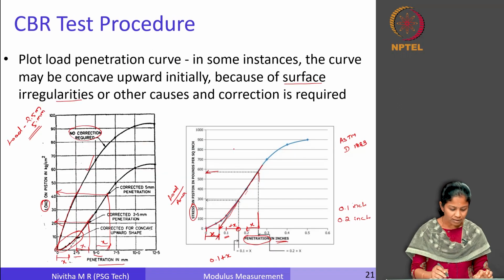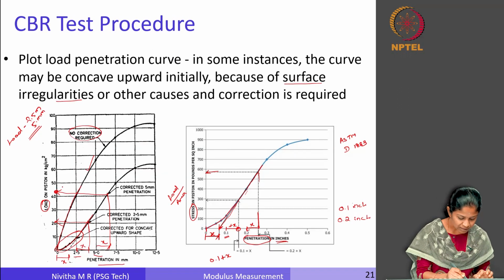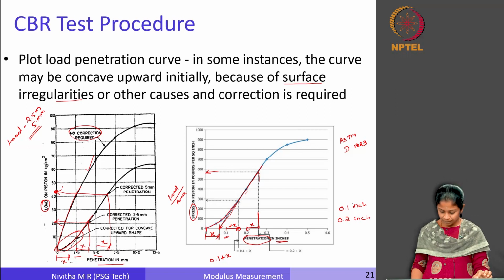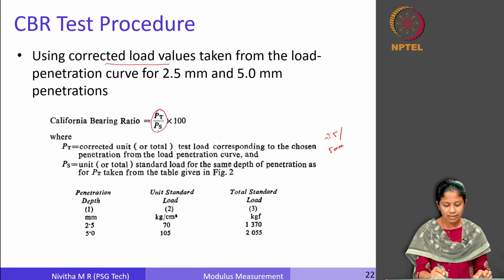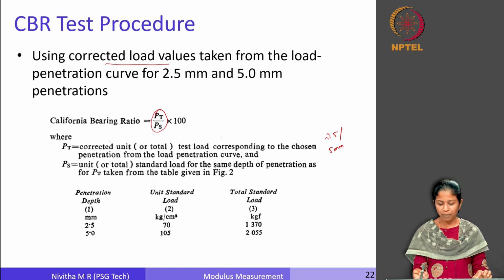Let us say this is my load penetration curve, this is the value that I will be taking. And PS is nothing but again the unit or total standard load for the same depth of penetration as for PT, taken from the table. So, if this is for 2.5 mm, this PS also you have to take for 2.5 mm.